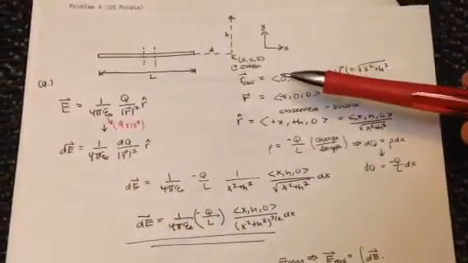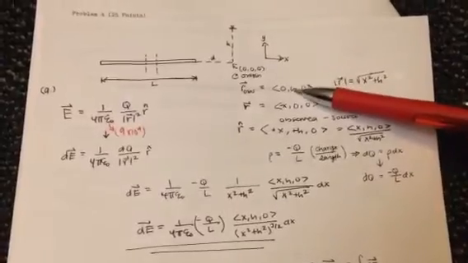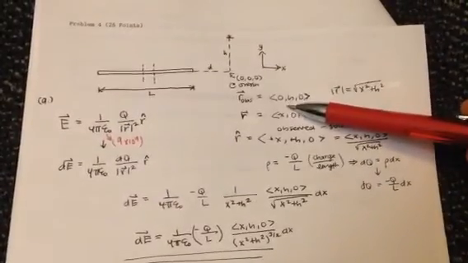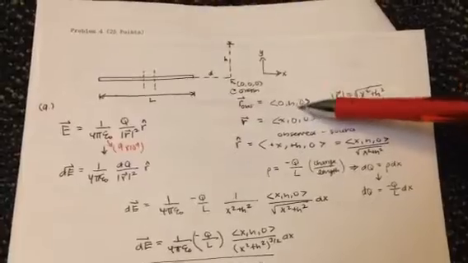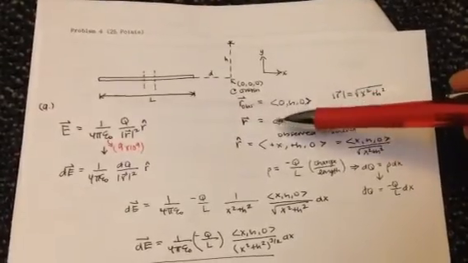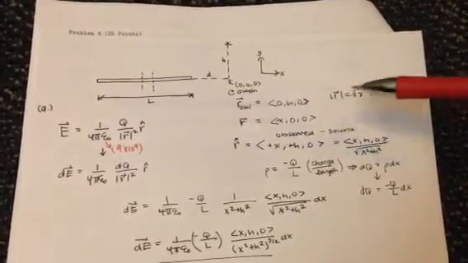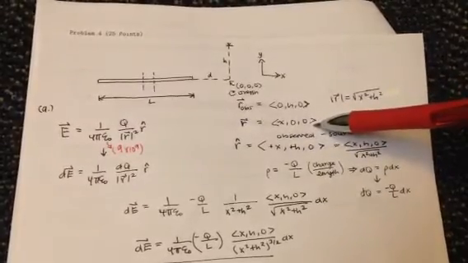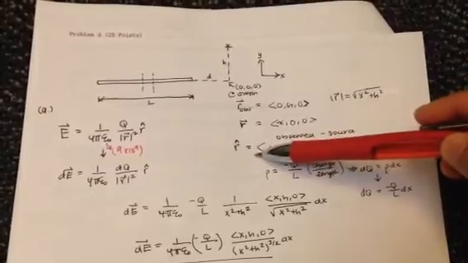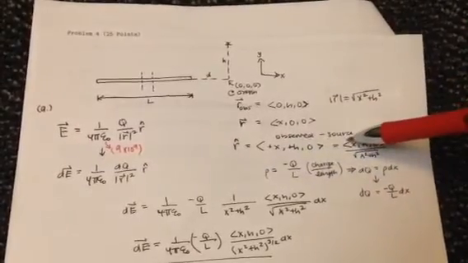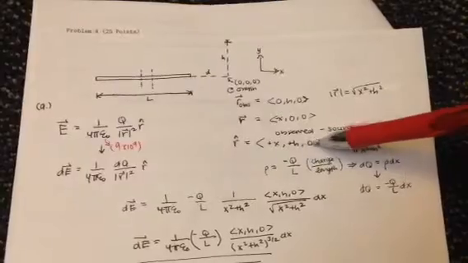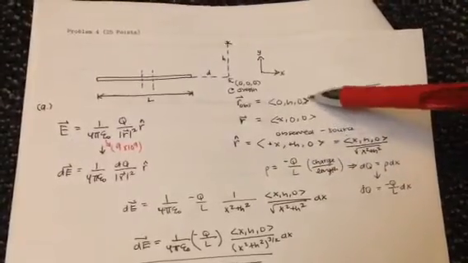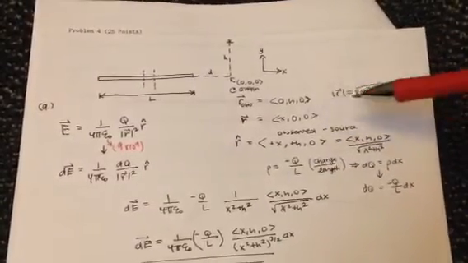Okay, in order to find r hat, we first have to establish what our observation location is. That is 0, h, 0. And then we have to establish what our source location is. That's negative x, 0, 0. Then to find r, we do observed minus the source, giving us x, h, 0. You basically subtract these from each other.